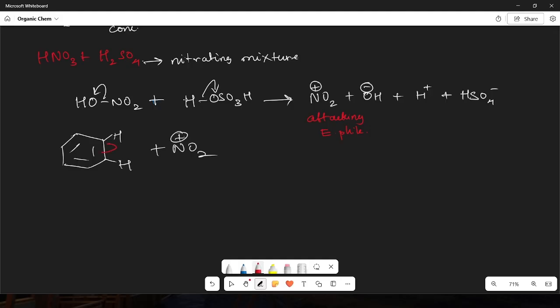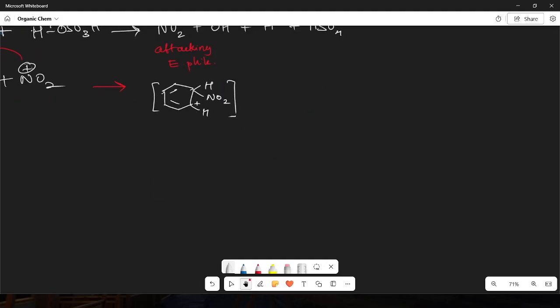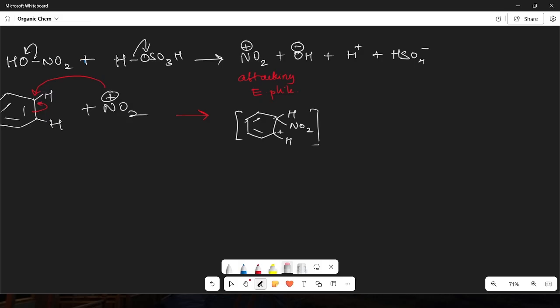Of course, pi bond transfer happens again. Nitronium attacks again. In the next step, we have your arenium ion again. We have your hydrogen. We have a carbocation here, and we have the two bonds intact. Now, we need a base to neutralize this acidic product.